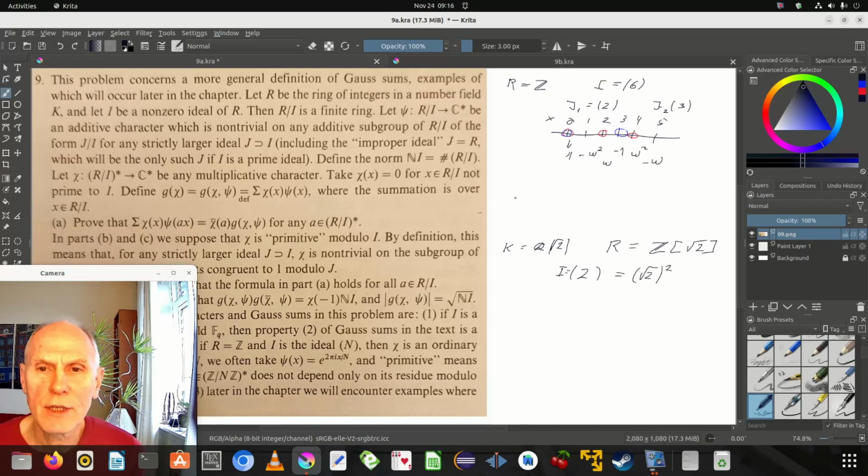So let's just take the norm of the ideal. That's 6. Norm of J1 equals 2.